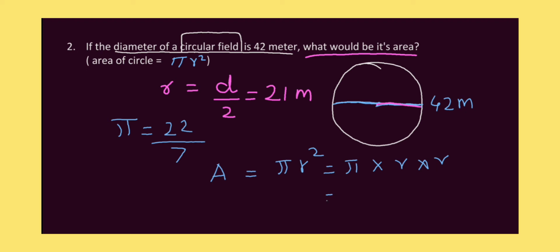Now I will put the value of pi, it is 22 by 7 multiplied by radius 21, then radius 21. I will cancel out and you can calculate the answer. Write your answer in the comment box.